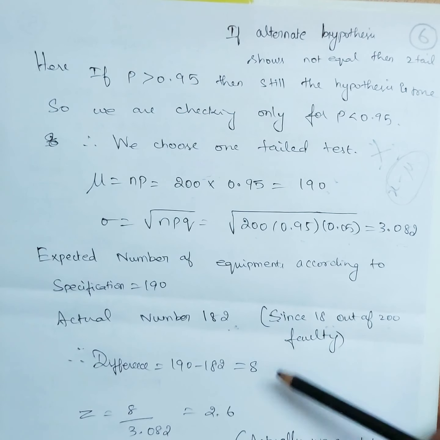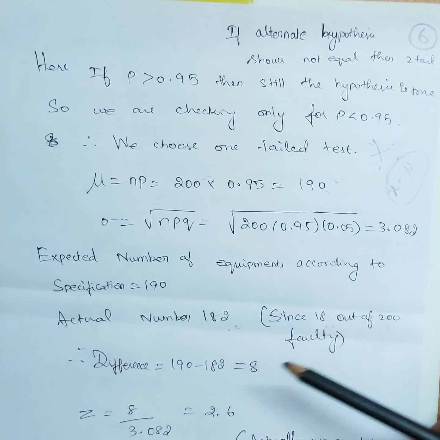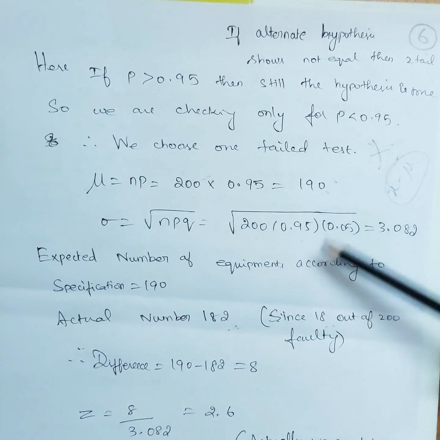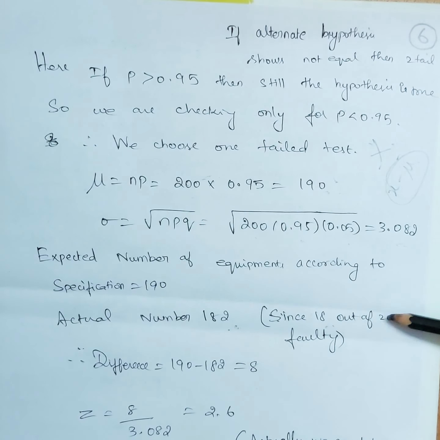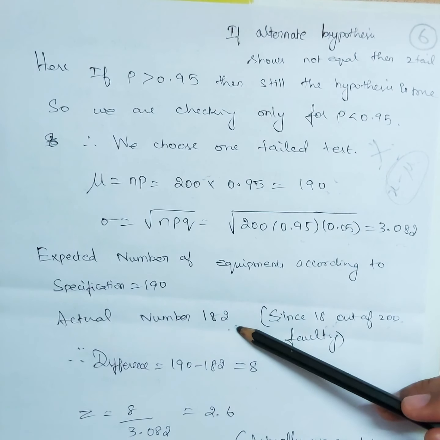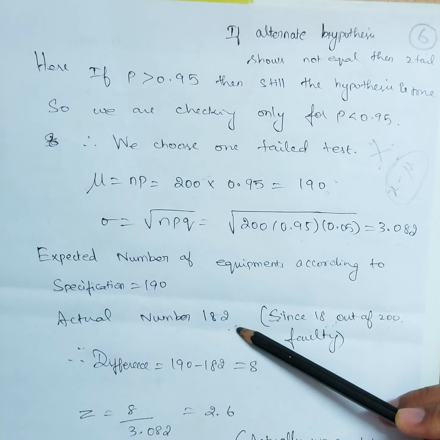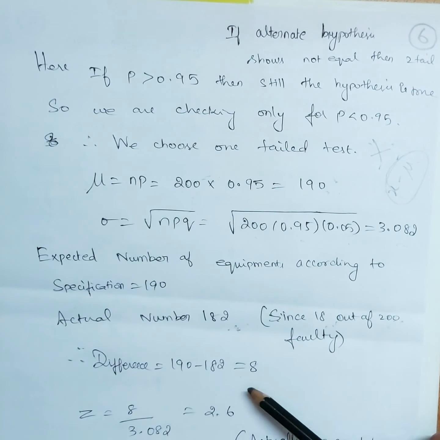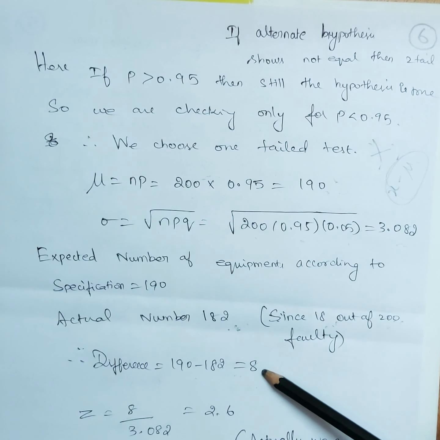We are talking about the correct number of equipment. So the expected is 190, but what actually happened in the 200 sample? 18 are faulty, so 182 is the actual number. In the numerator we write the difference: 190 minus 182, that is 8.